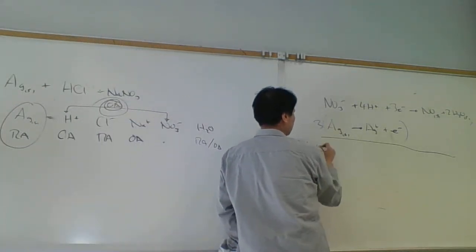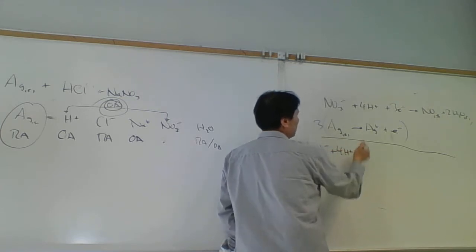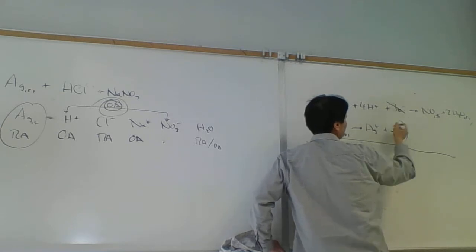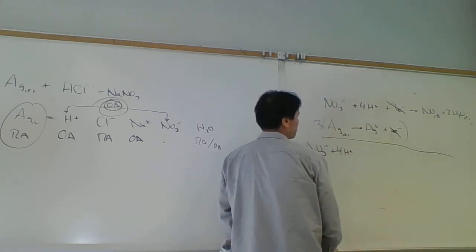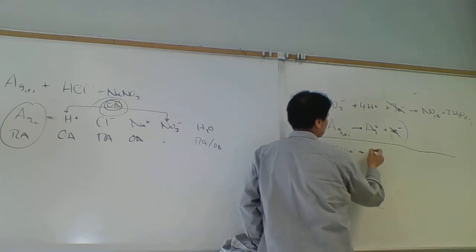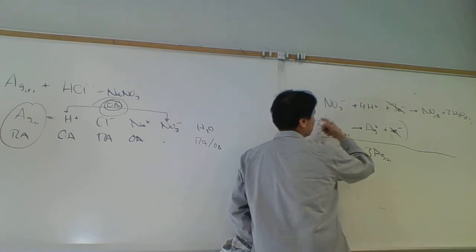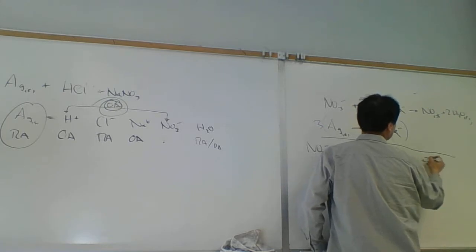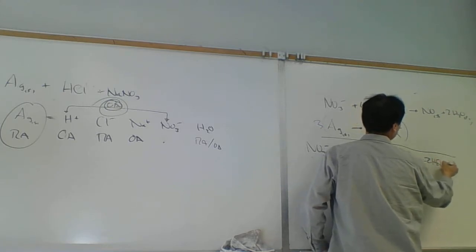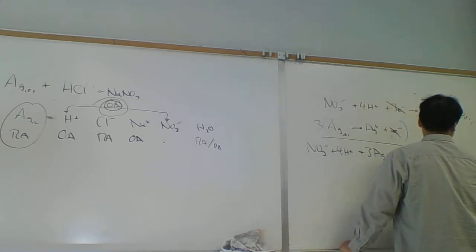So we'll end up with nitrate plus 4H+. Now, the 3 electrons here will cancel out with 3 times 1, 3 electrons there. Plus 3 silver metals is going to yield NO gas plus 2 H2O liquid plus 3 silver ions.